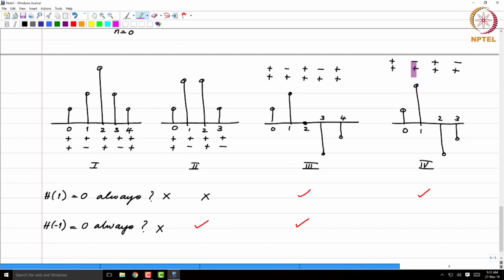Similarly here, so this is minus and this is plus, right. When you multiply by minus 1 to the n and then add them up, this changes sign and therefore, these two will not cancel. And hence, you can conclude that H of minus 1 is not always 0 for type 4.